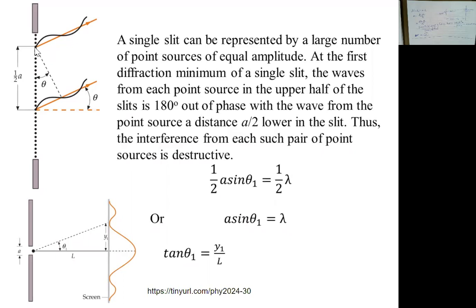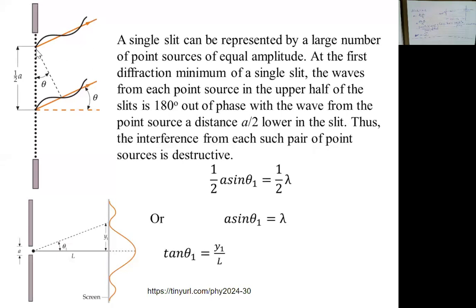If you pick one here, and another some distance down, half of the length of this slit, you can find another light wave that will go in that direction. When these two light waves hit the screen, they will have traveled different paths, so there's a path difference between the two light waves.